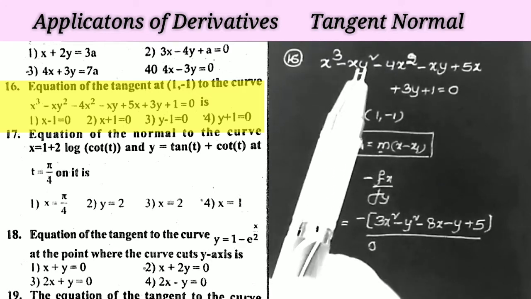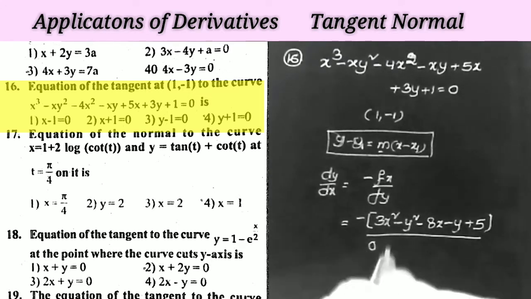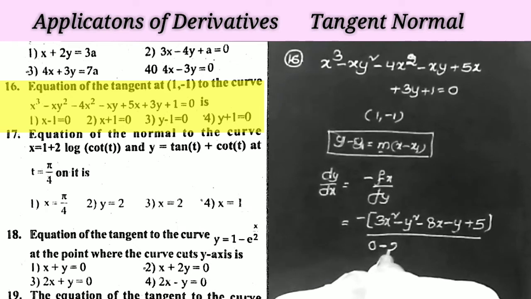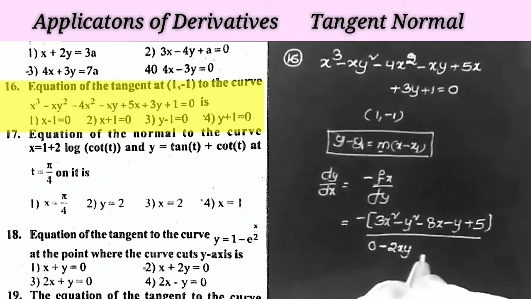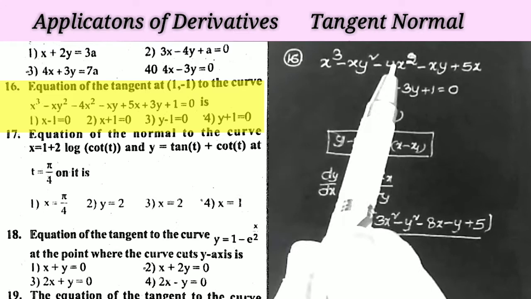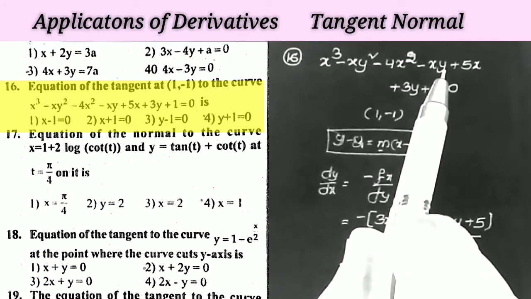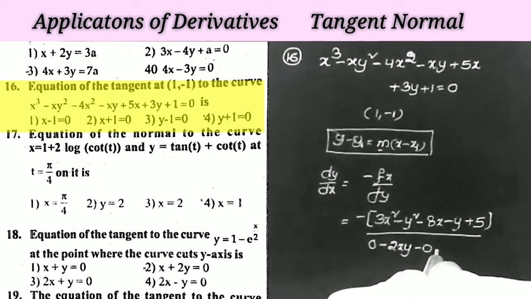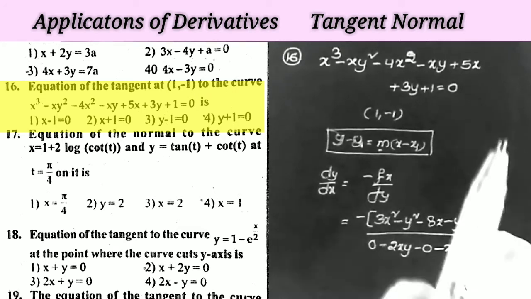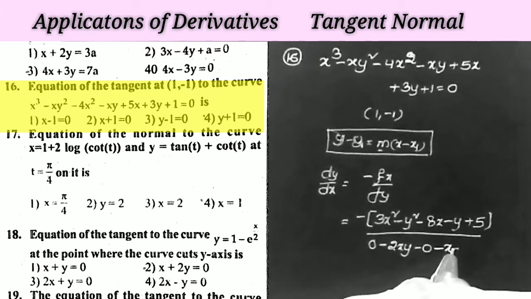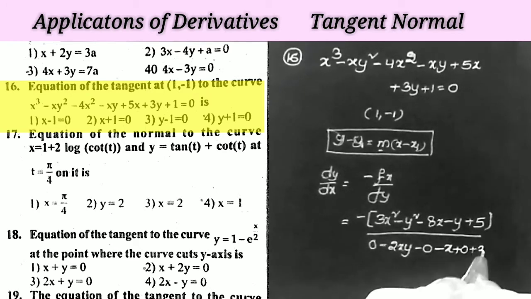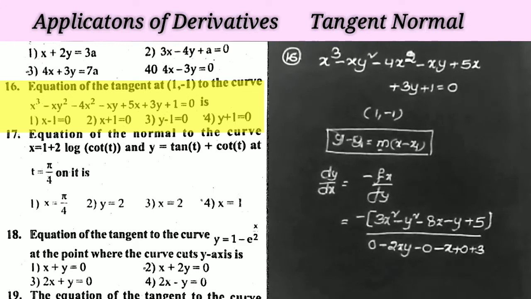Taking the derivative with respect to y, y square derivative is 2y, that is minus x into 2y, minus 2xy. Minus 4x square is a constant, derivative 0, minus x y, y derivative 1, minus x into 1, minus 6, 5x derivative 0, 3y derivative 3, 1 constant derivative 0. That's all. This is the derivative value.